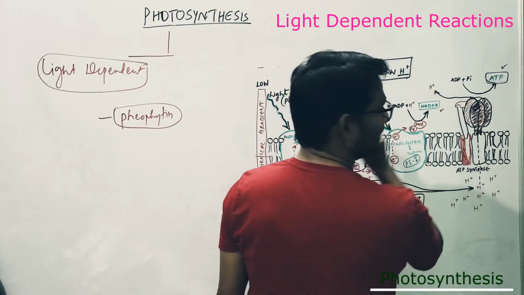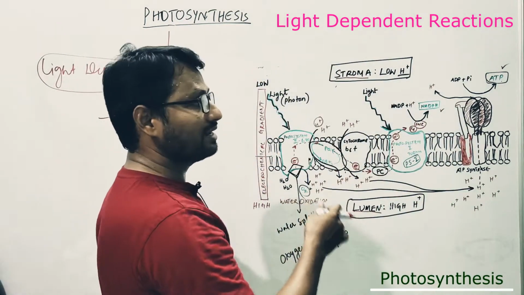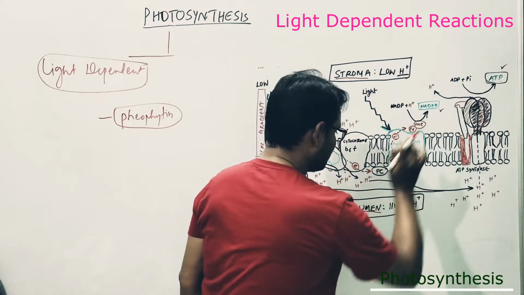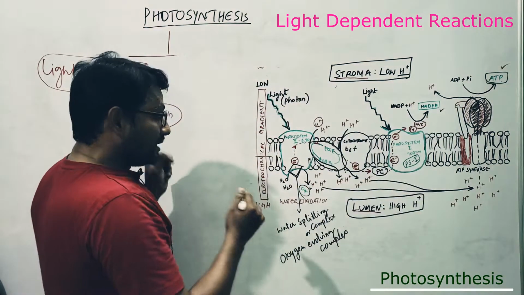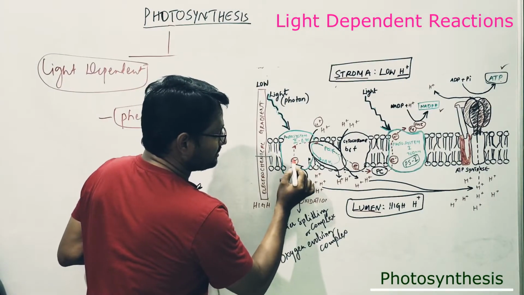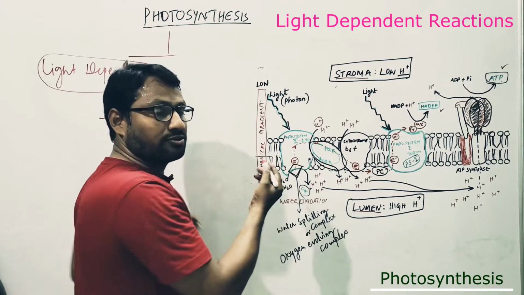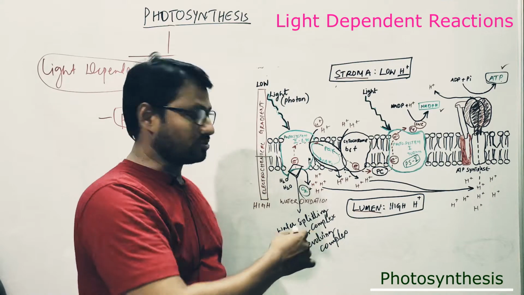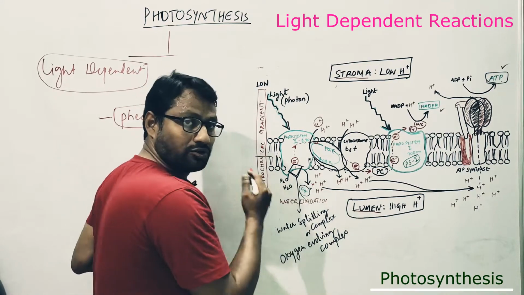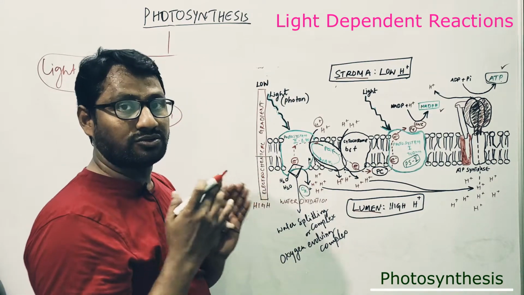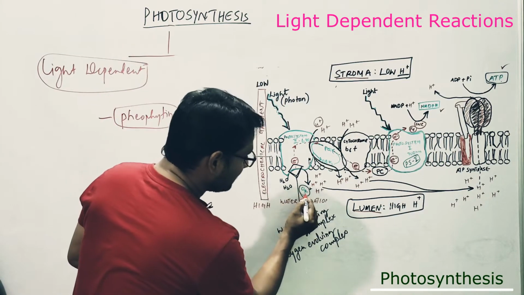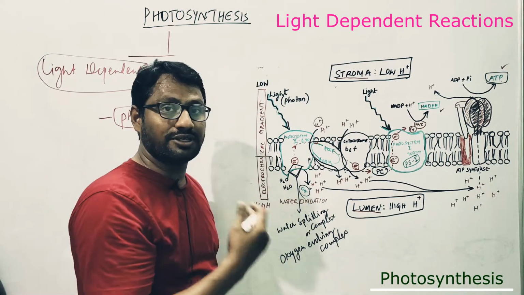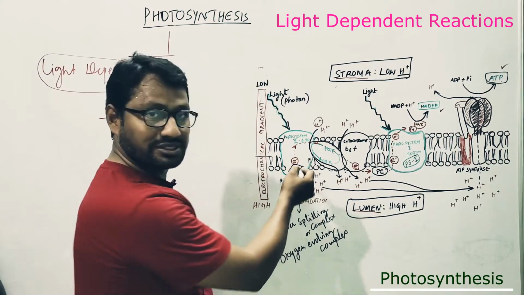So NADPH is the first product here. Photosystem 2, having lost electrons, needs electrons to compensate for its loss, so two water molecules break down into hydrogen ions and oxygen. This oxygen is released as a waste product at photosystem 2.